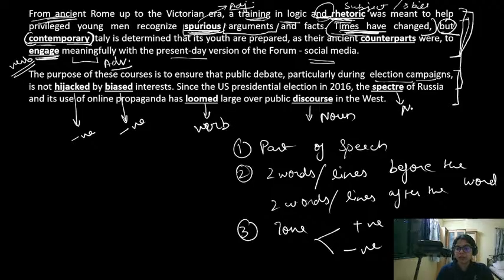Specter, again a noun. Before watching this session, I hope you've watched parts of speech, because what is a verb, what is a noun, adjective, it is all explained in the parts of speech session, which is the introduction to grammar. So now let's go back and try to match these words with their appropriate definitions.